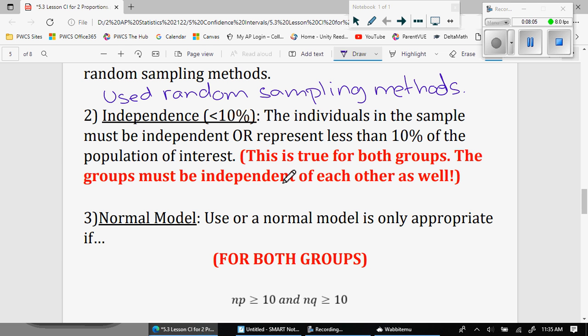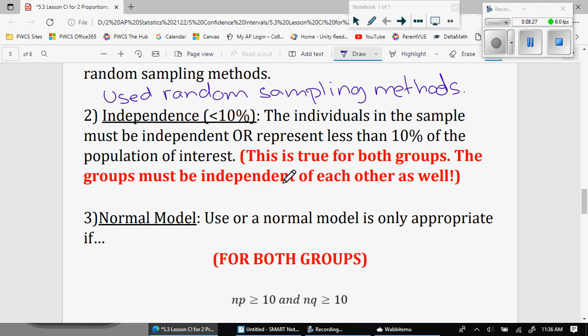The other thing that I put here in red that's really important is we need to make sure that these two groups aren't tied together in some way. We need them to be independent of each other. So my male drivers with female passengers and my male drivers with male passengers need to be independent of each other, meaning one group is not influencing the other group's seatbelt wearing.